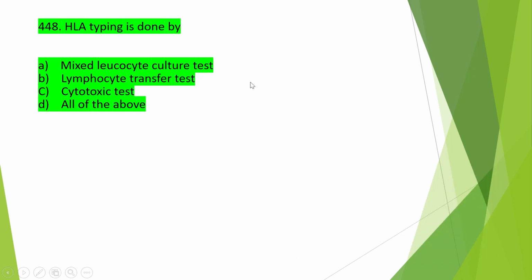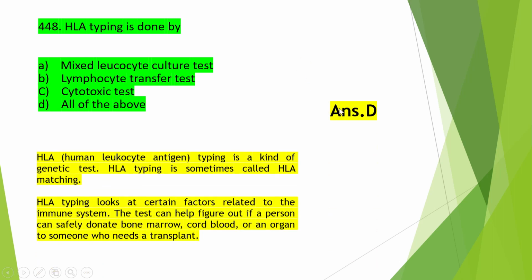Okay, so next one is: HLA typing is done by mixed leukocyte culture test, or lymphocyte transfer test, or cytotoxic test, or all of the above. The right one is option D, that is HLA typing is done by all of the above.